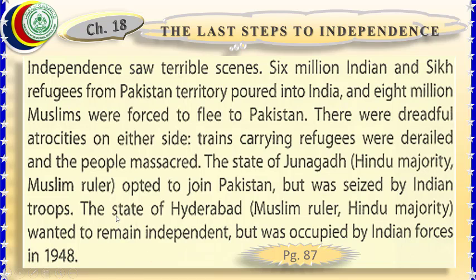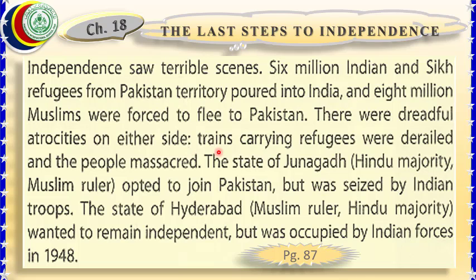So at the time of the migration, the situation was very terrible, very frightening and dreadful. 6 million Hindus and Sikhs migrated from Pakistan, and 8 million Muslims migrated from India to Pakistan. It was a very frightening situation, and people were killed very badly.